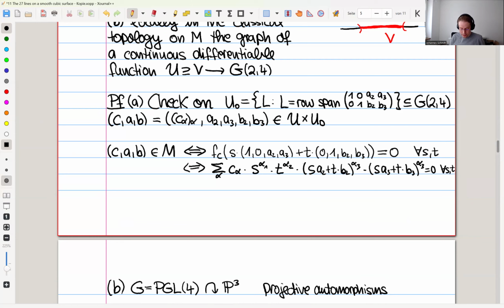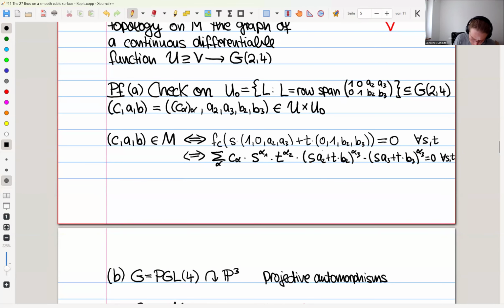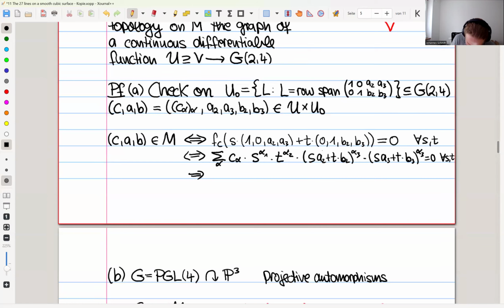We won't spell this out now, but we can imagine that we multiply these things out, and then we get a polynomial. We can interpret this as a polynomial in S and T, whose coefficients are some expressions in these C alphas and the A2, B2, and so on.